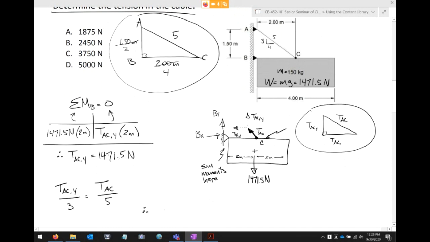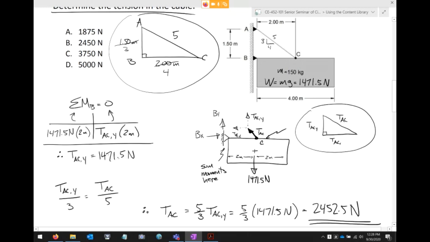So the tension in the cable is 5/3 of the Y component, which is 5/3 of that, and that comes out to be 2452.5 newtons. And so, boom.